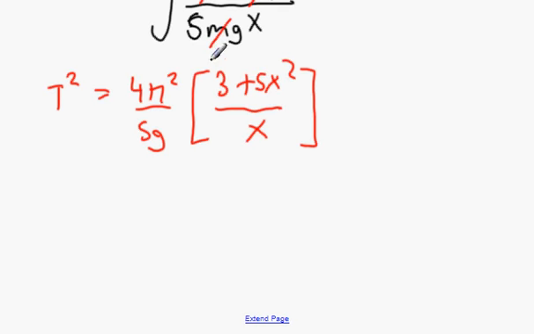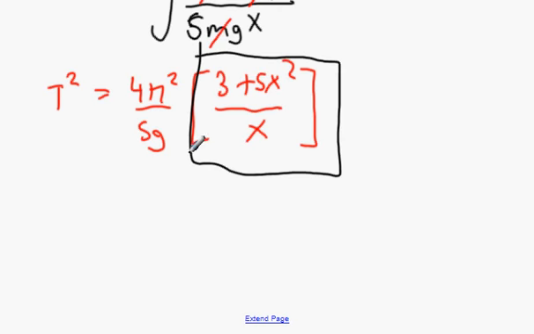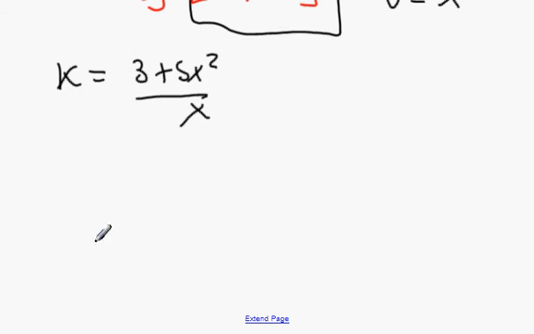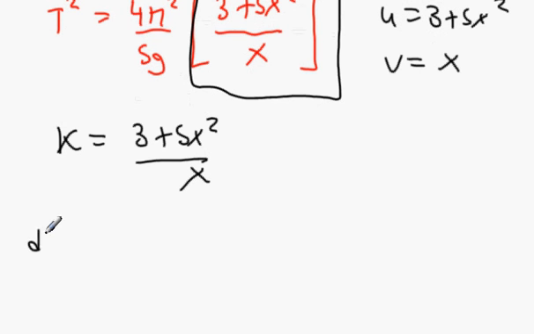Okay, this here is going to be called k. K equals 3 plus 5x squared all over x. The u value is 3 plus 5x squared. The v value is x. So we're going to get dk dx.